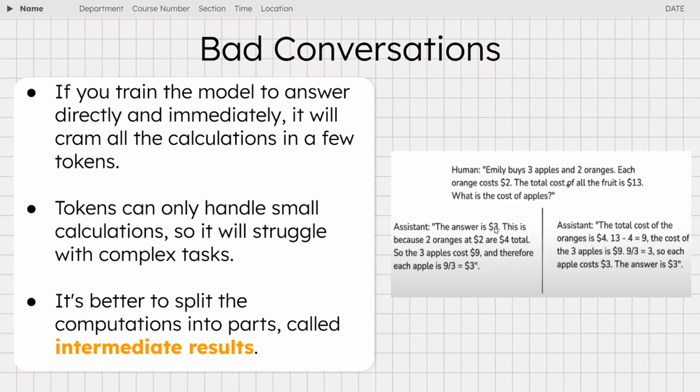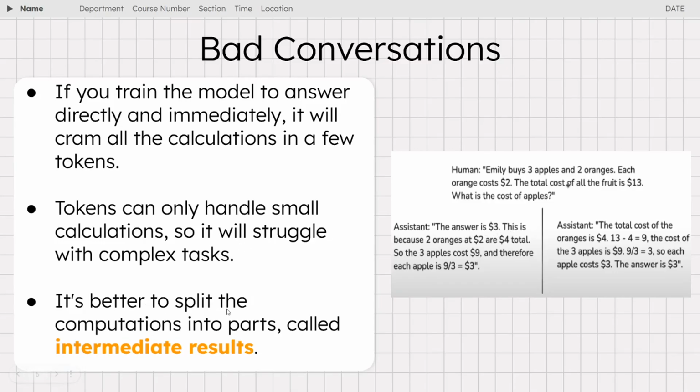The answer is right here, but if it was a complicated problem, it would give a wrong answer, because tokens can only handle small calculations, so it would struggle with complex tasks. It worked here because the problem was simple enough. But if the LLM is trained to use a few tokens for large problems, it will create wrong results because it is not able to calculate everything with a small number of tokens.